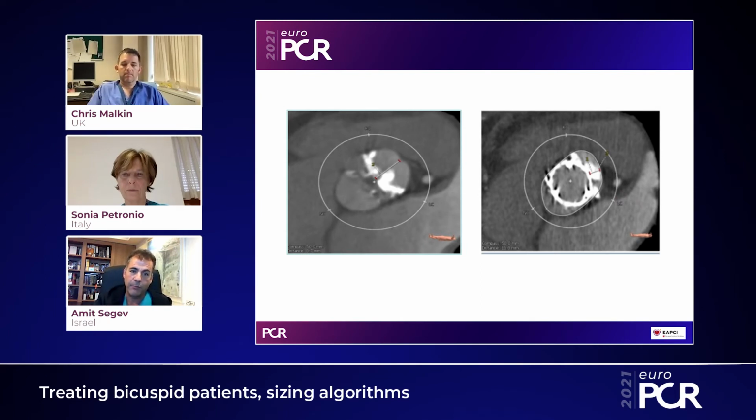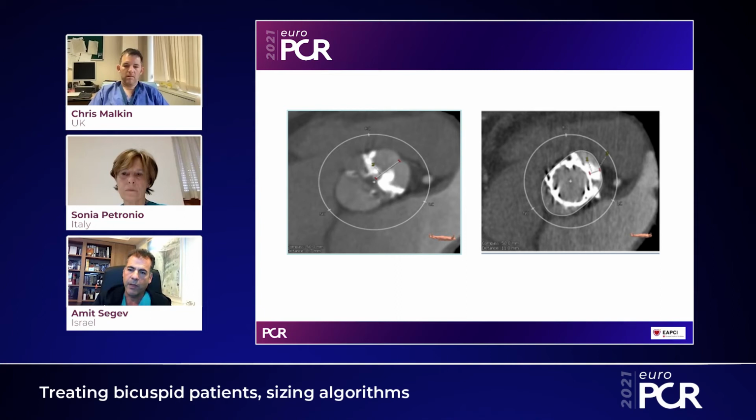On the left, you can see the pre-analysis with the intercommissural measurements, and on the right, you can see the expansion of the transcatheter valve at the level of the intercommissural junction, where you can really see that the valve doesn't fill the true annulus, but it accommodates very well, in a circular way, the minimal sizing of the intercommissural measurement. So I think it's a great example of how a TAVI valve accommodates in a bicuspid anatomy.